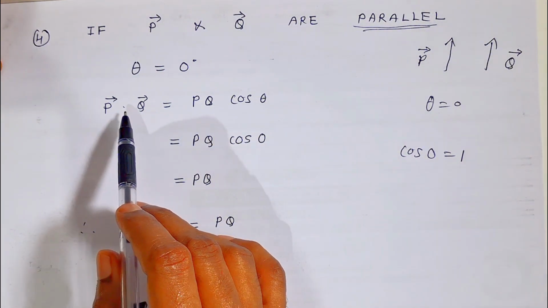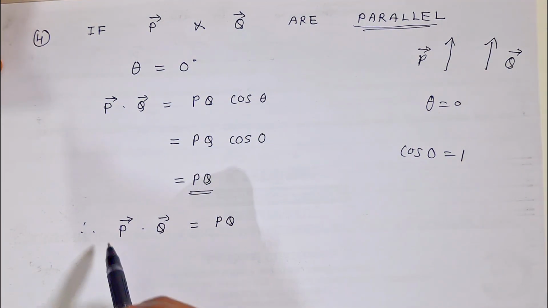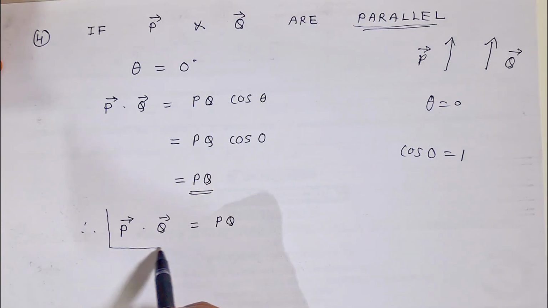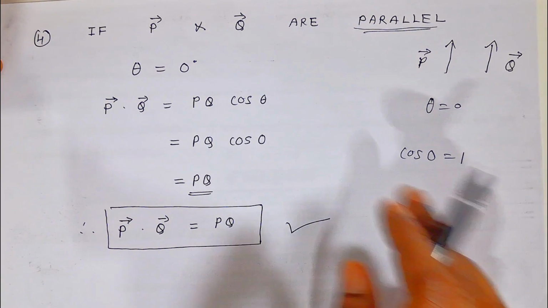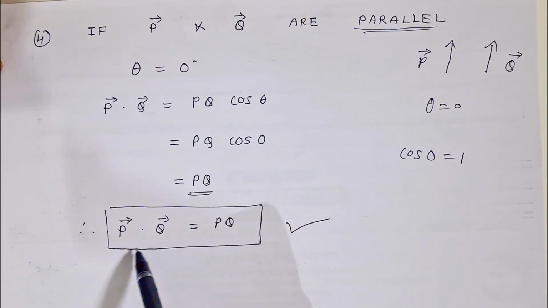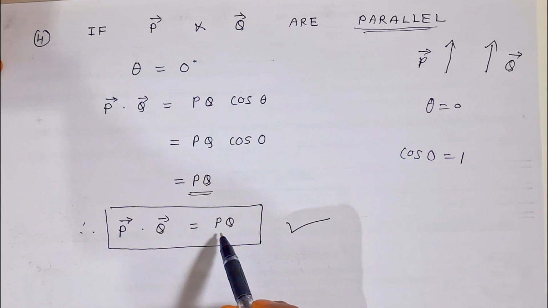So p bar dot q bar is equal to pq. Very important property, students. If the vectors are parallel, their scalar product is always equal to pq.